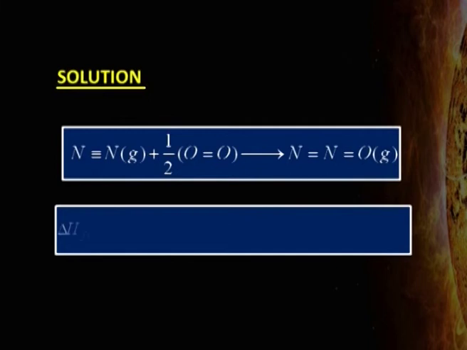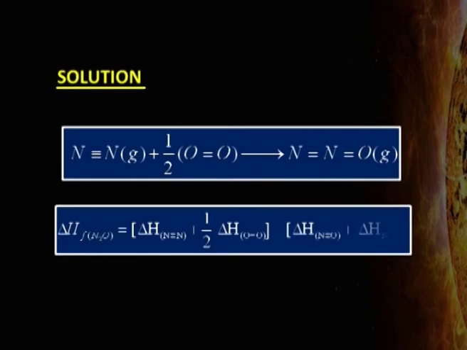Therefore, delta H formation of N2O will be equal to the bond energy of nitrogen triple bond nitrogen plus half multiplied by the bond energy of oxygen double bond oxygen, minus the bond energy of nitrogen double bond oxygen plus the bond energy of nitrogen double bond nitrogen.